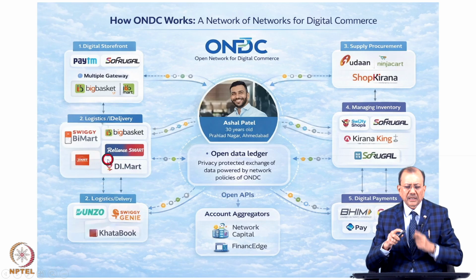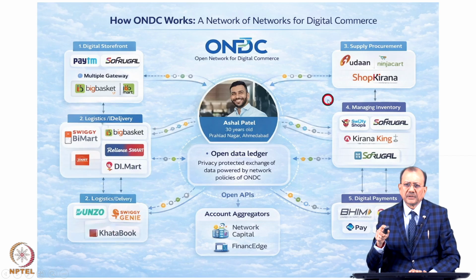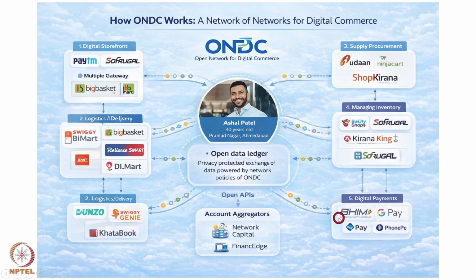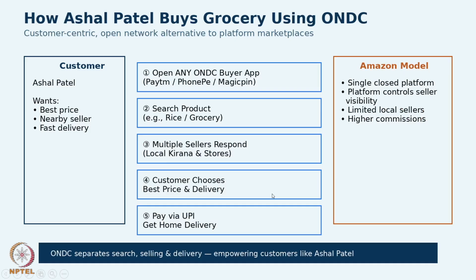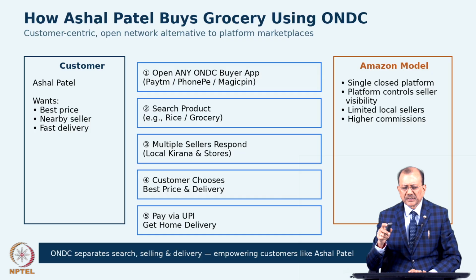All those are enrolled companies on ONDC, and then he can supply this to the kirana shop, he can do supply procurement, and he has the option to select one of the payment gateways given over here, and also one of the logistic players. So, I have shown here a schematic picture.